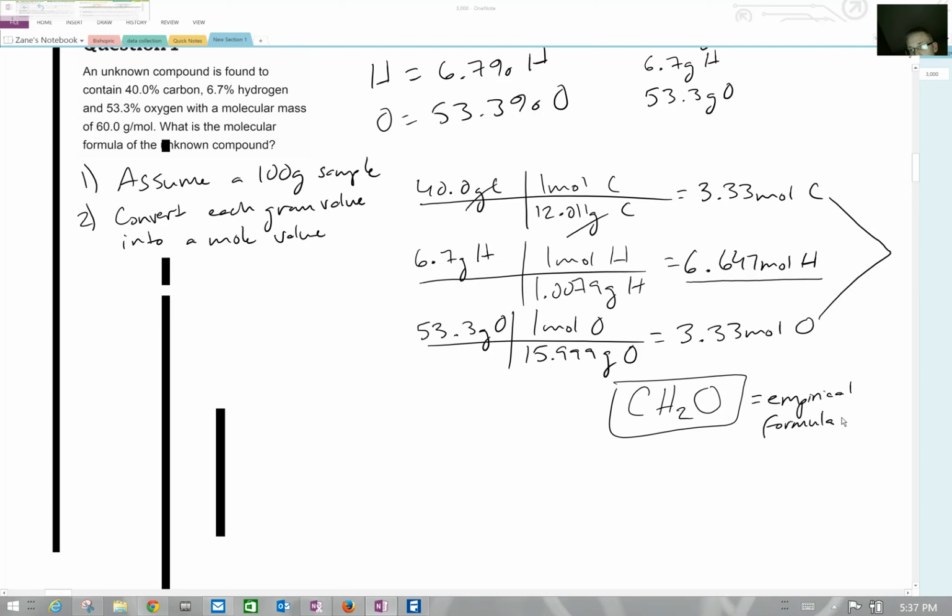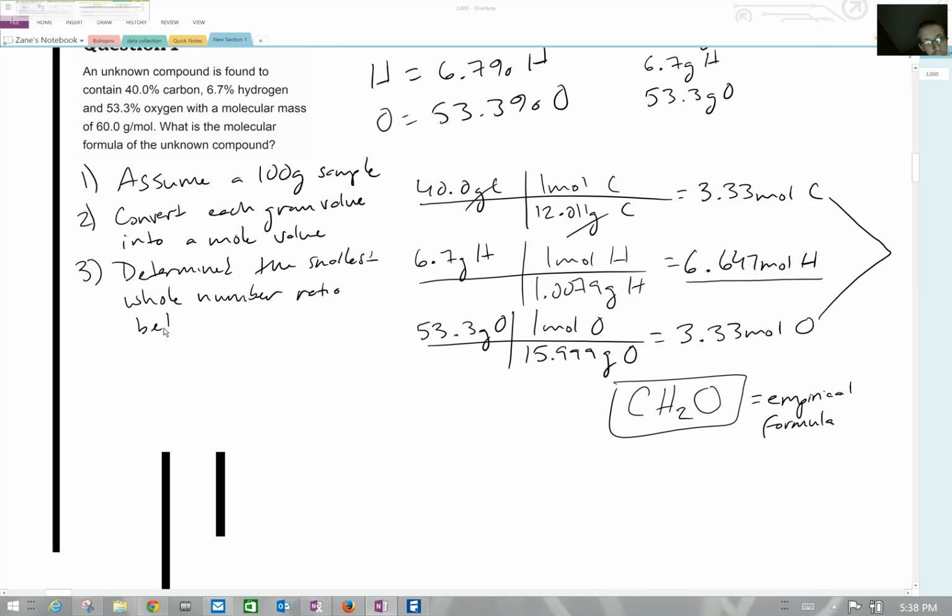It's the empirical formula because it is the simplest ratio between all of the elements involved in this compound. But we're not quite sure that it is the molecular formula. Okay? So I'm going to keep my steps going over here. What we just did, we determined the smallest whole number ratio between each element in our compound.